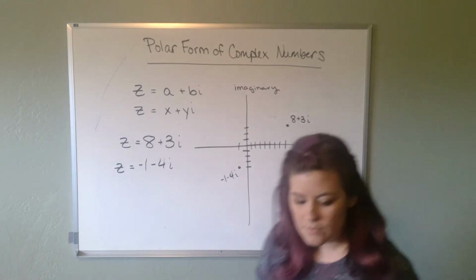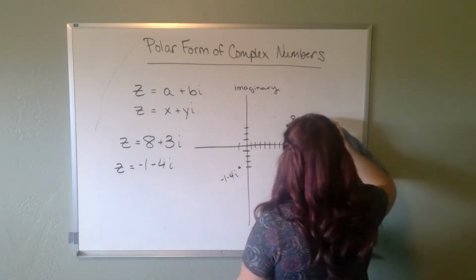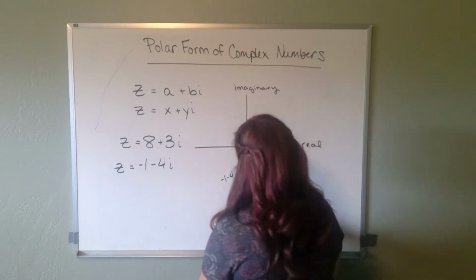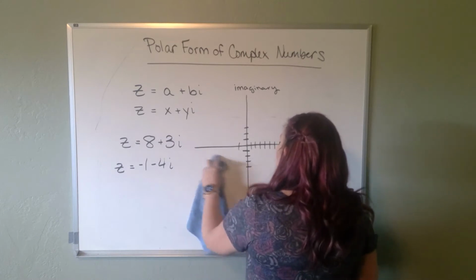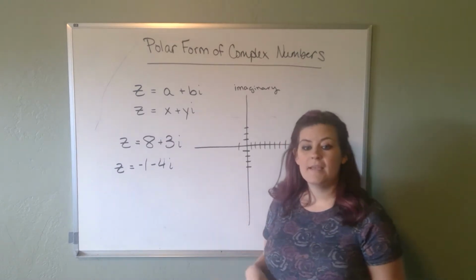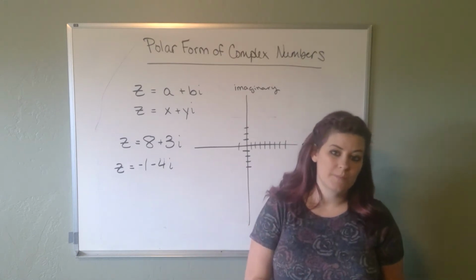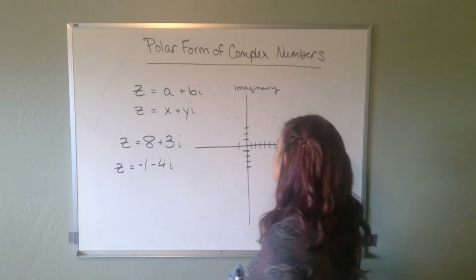Now I'm going to erase the specific points we graphed here so I can talk about a more general form. Because one of your goals today is to take complex numbers and convert them from rectangular form into polar form. So with the r and the theta, like in 8.3.